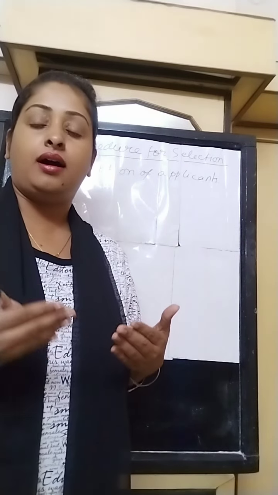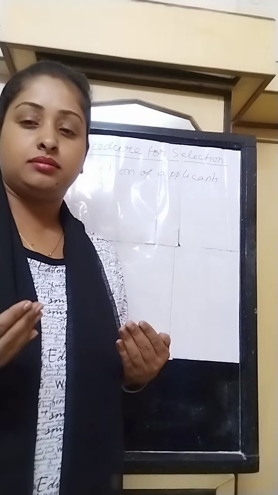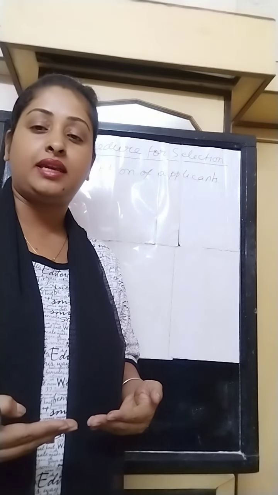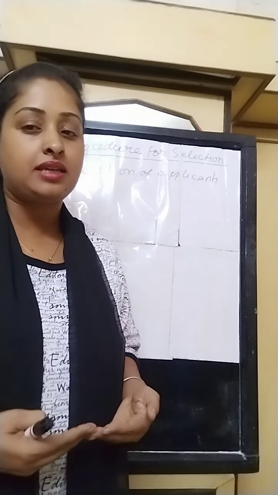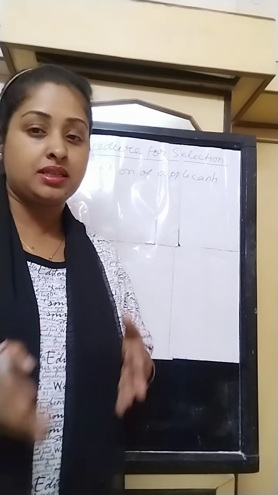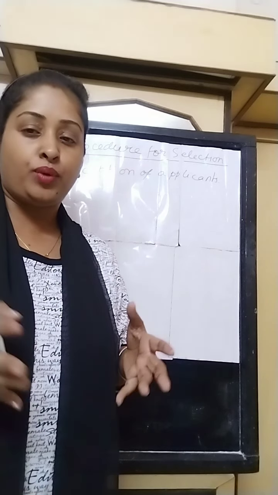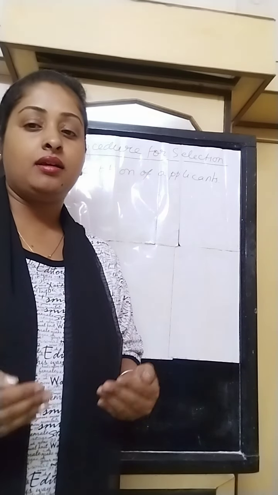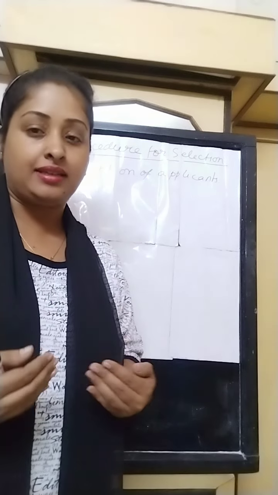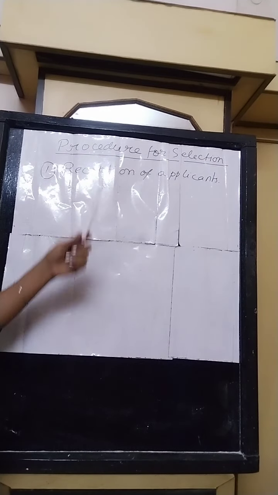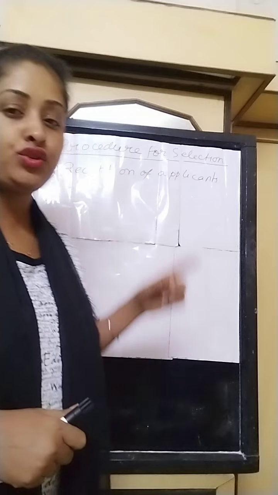First, these applicants come with their applications to submit them, which contain the details of their personal attributes and experiences. The candidate appears in the reception office and is welcomed by the receptionist. The applicants should be treated in a well-behaved manner. So this is the first step.